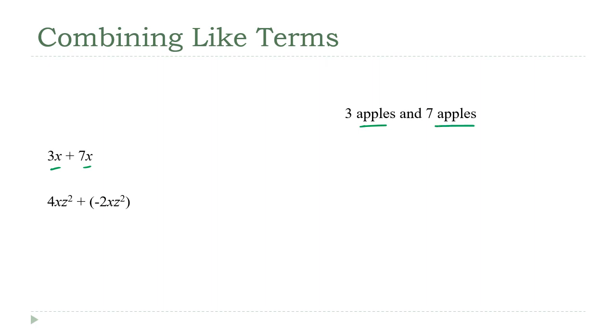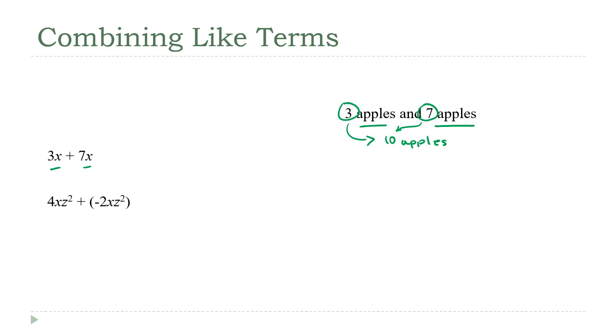All right, so if I told you you had 3 apples and 7 apples, right away, just basic English, you know that you have 10 apples. All right, so notice what happened there. The numbers changed. We just added the 3 and the 7 together to get 10. And the name of the object stayed the same, right? It was apples in both versions of the expression.